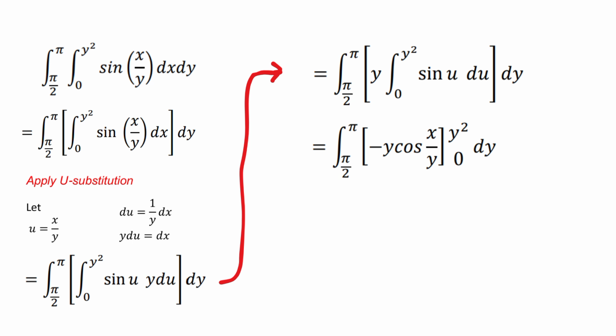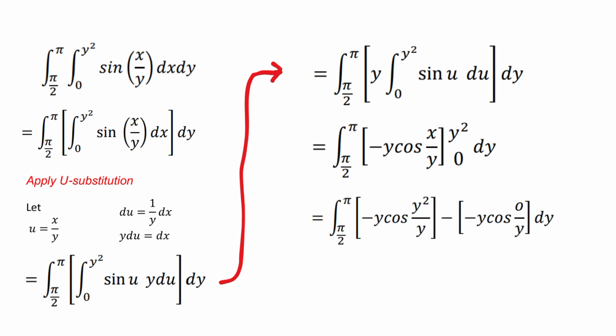And then substitute 0 and y squared into our x. Now we have negative y cosine y squared over y minus negative y cosine 0 over y. Negative y cosine y squared all over y is equal to negative y cosine y, and negative y cosine 0 is equal to negative y.